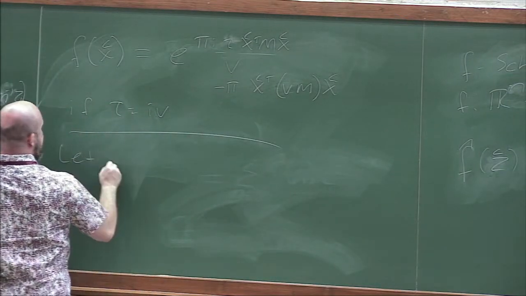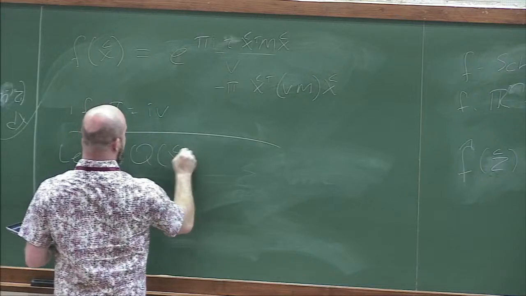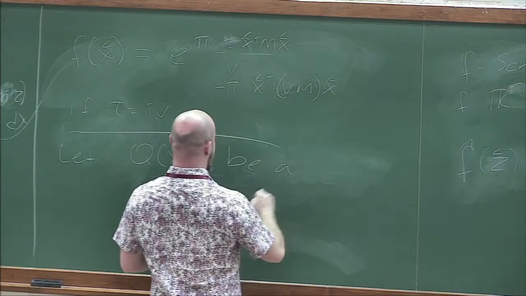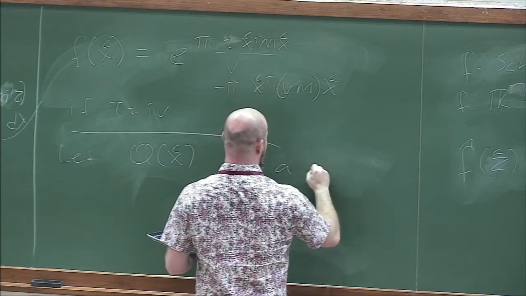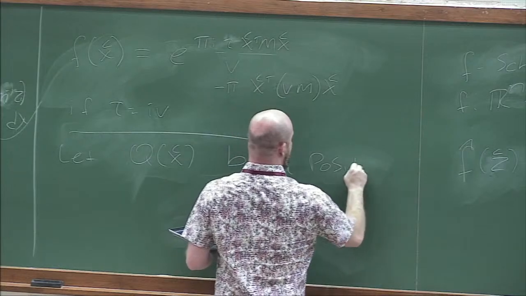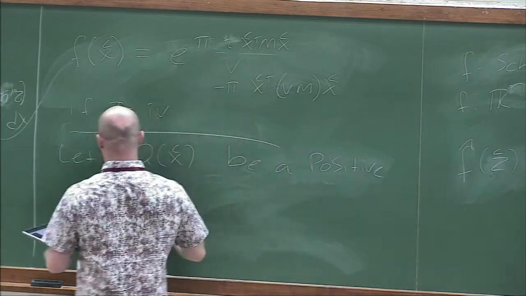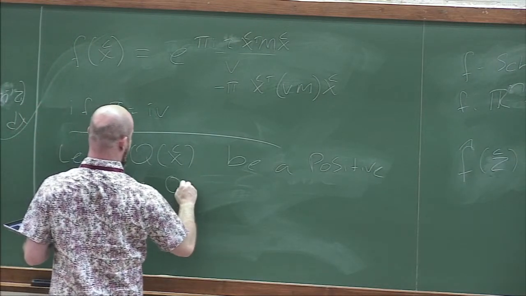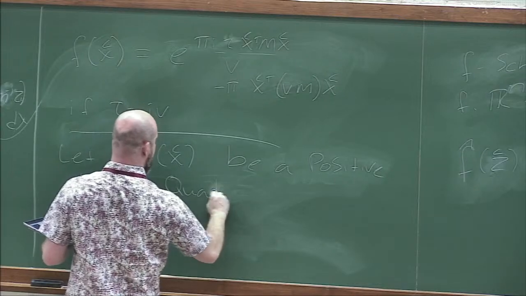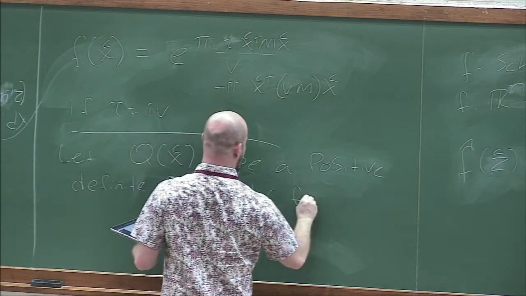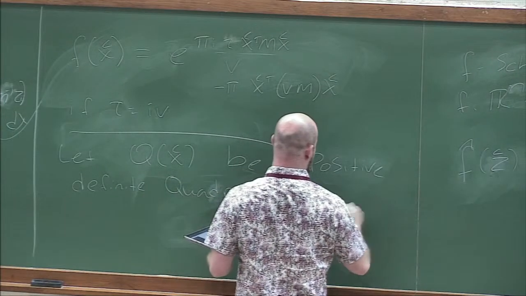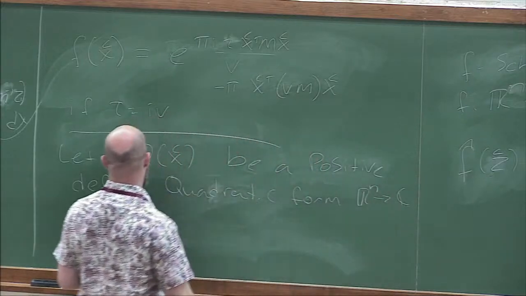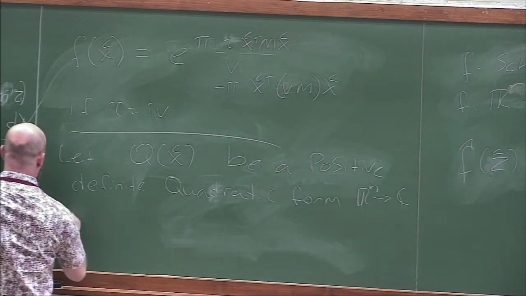Let's let Q of a vector be a positive definite quadratic form from R^n to C. Then, what do we know about this?